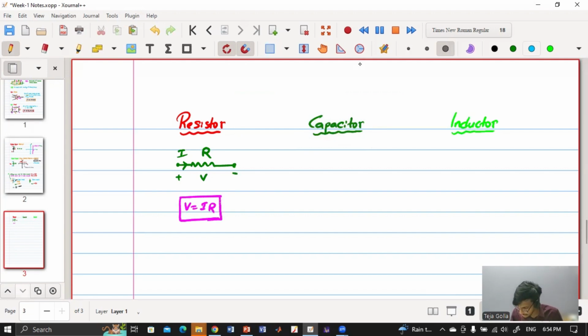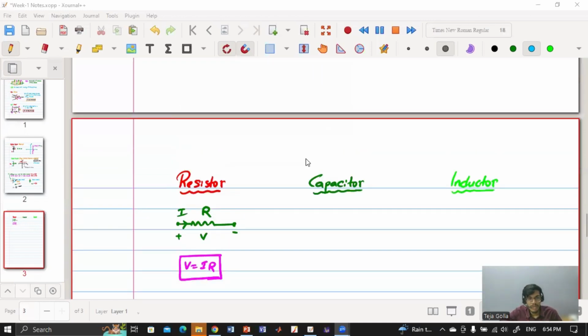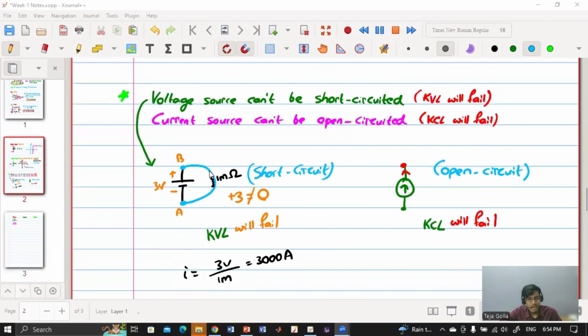Sir, in the voltage source, why do we have to connect a resistor in series? It is not mandatory to connect a resistor in series. Say here, this is a voltage source, and if you want to short circuit, say you have connected through some wire, and the wire resistance is 1 milliohm, which means the current would be 3000 amperes, which is very huge.